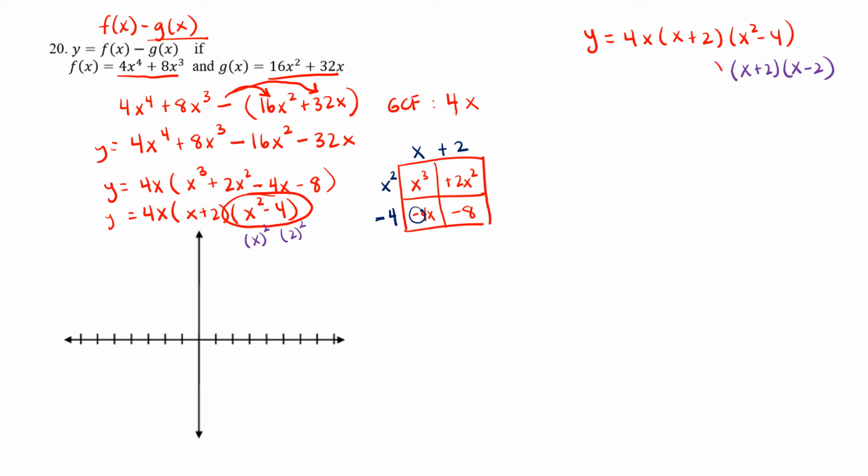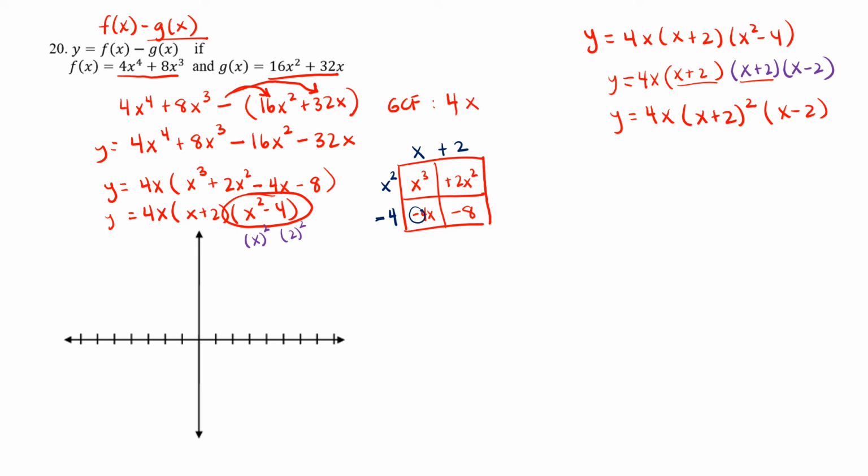Everything else is still tagged along, so there's still that x plus 2 from the beginning, and the 4x that we factored out at the very beginning. And the last thing we can do here is combine these x plus 2's as an x plus 2 squared, leaving that x minus 2 at the end.